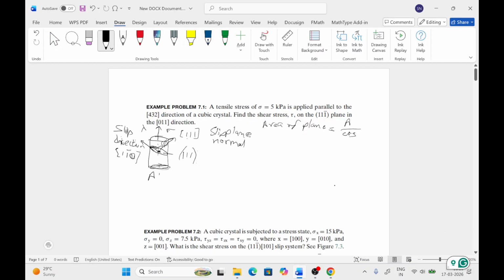Okay, so the area of the plane can be written as A by cos phi.